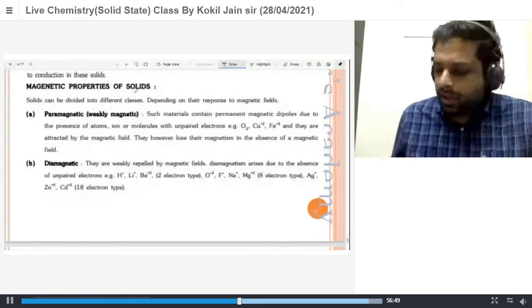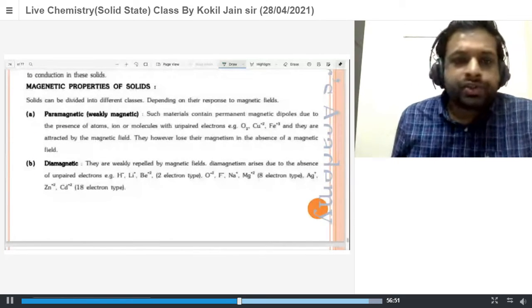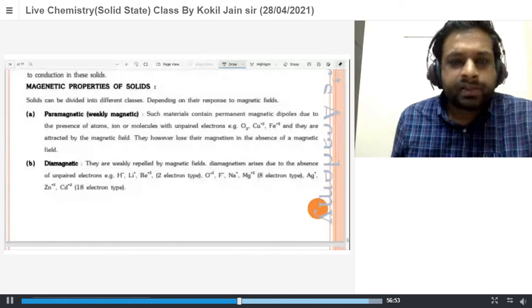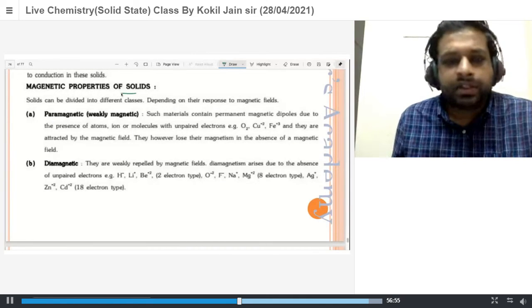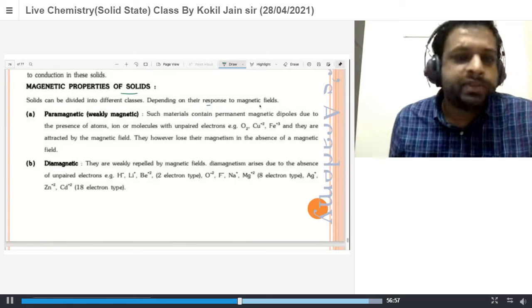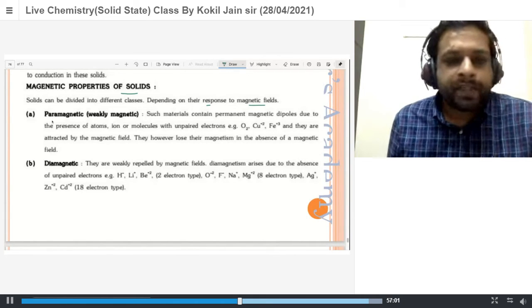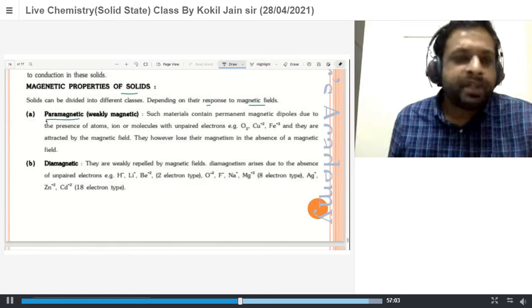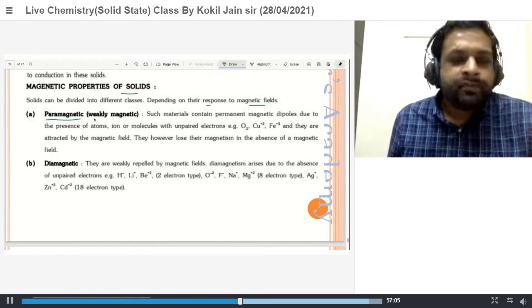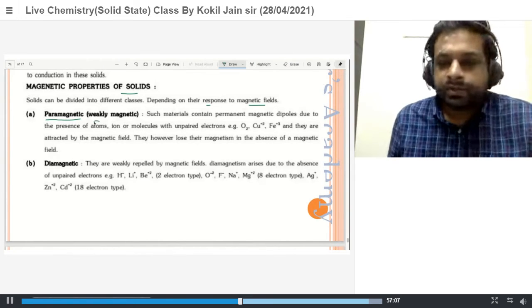Okay. Now, how do these solids show magnetic properties? Depending on their response to magnetic fields, we will classify them. What is paramagnetic? Paramagnetic means a weakly magnetic compound.